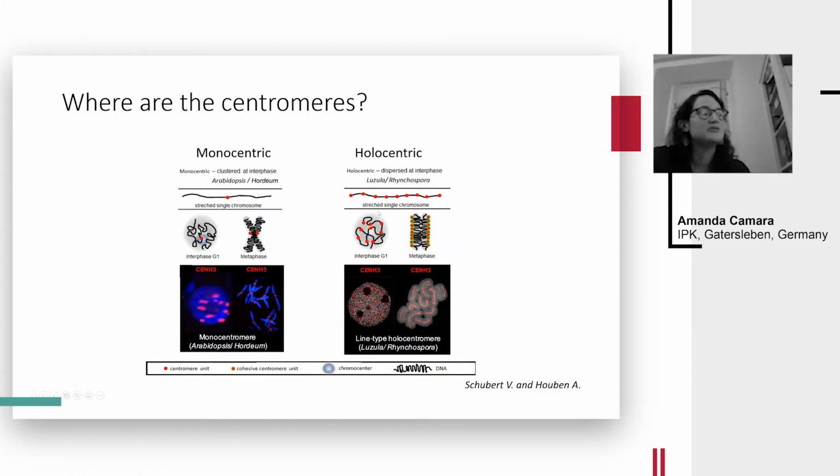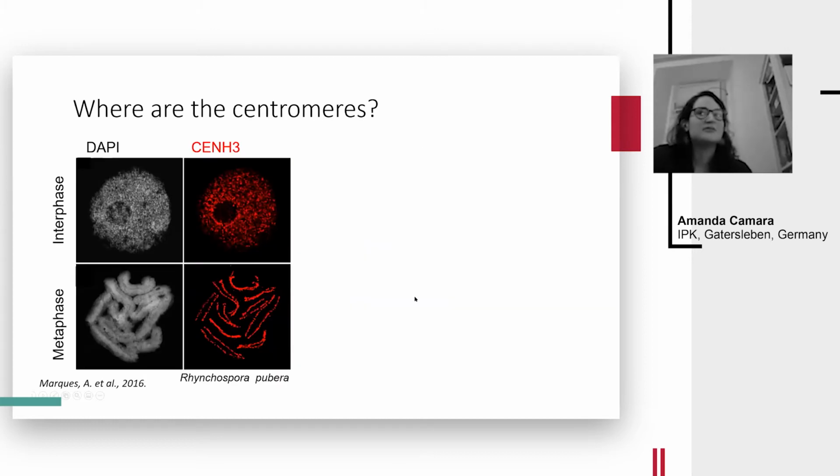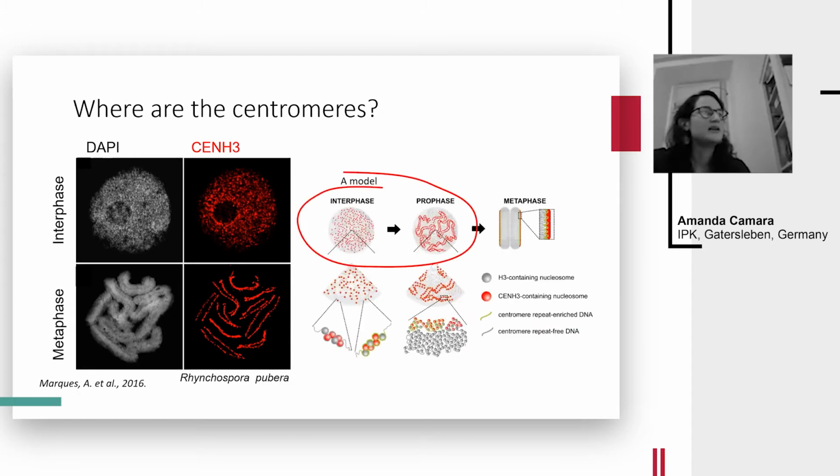And for holocentric, there are actually many centromeric units distributed all along the nucleus, and there are many more than just the number of chromosomes. But then in metaphase, they come to form this line. So what is very intriguing is how these many centromeric units come to arrange into this line. So this is the problem that we addressed.